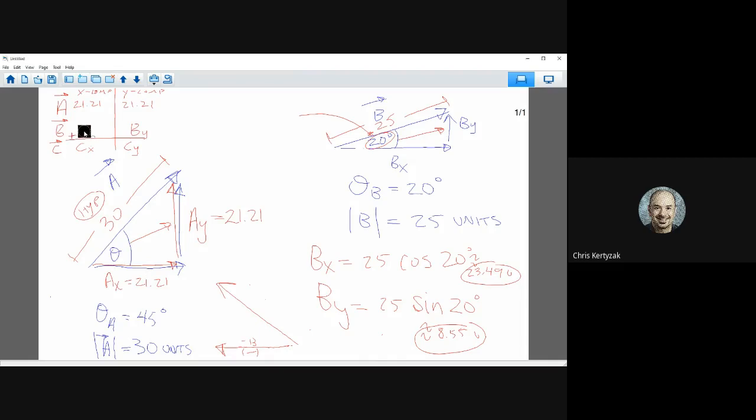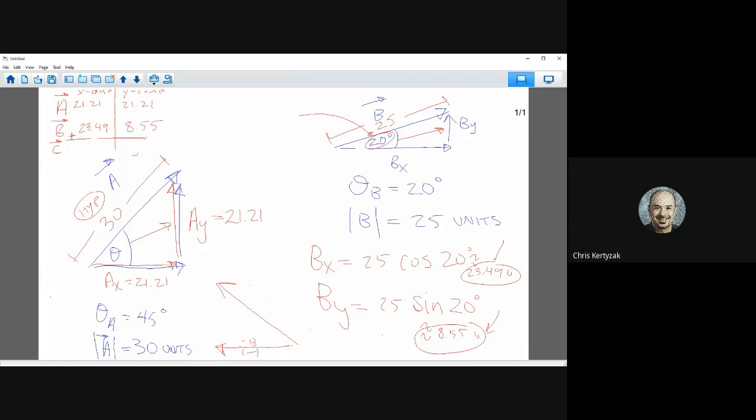Okay, so now we're going to go over here and erase these and just add our information in again. So BX I had right here, it was 23.49 units long, and BY was 8.55.